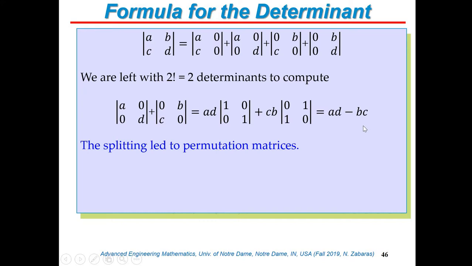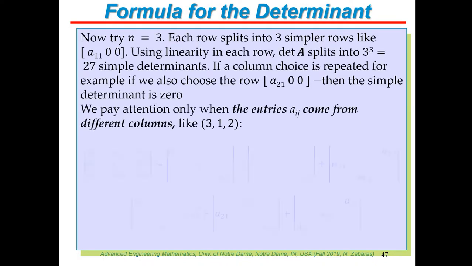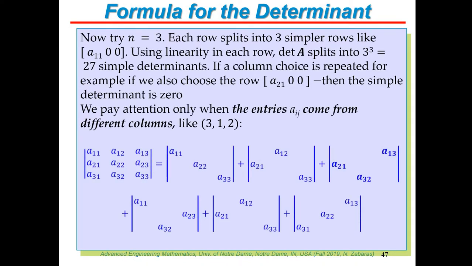And we can do exactly the same thing for a 3x3 determinant. If we go directly to the results, if you split this, you will get many terms that are 0, but effectively at the end of the day, the non-zero terms are these 6 terms that you see here.